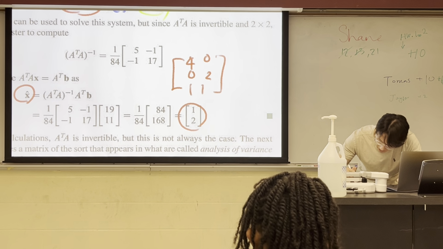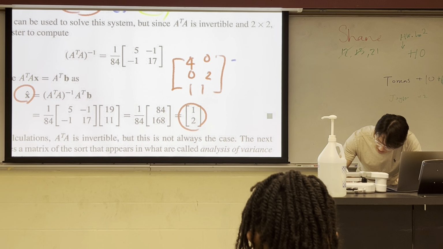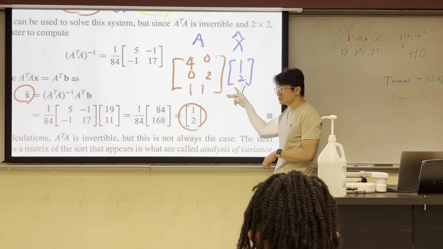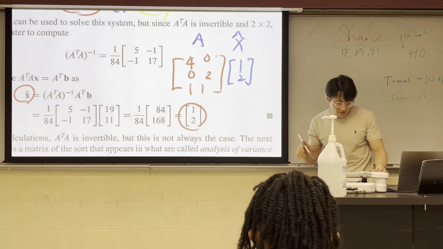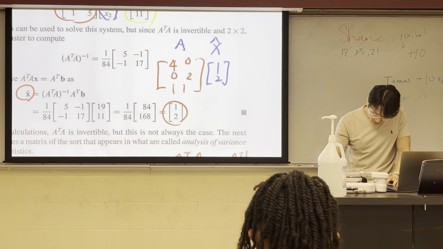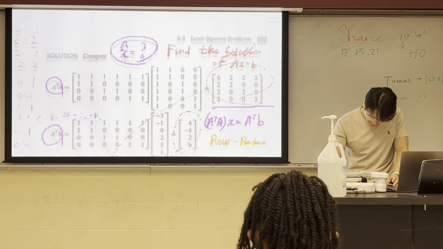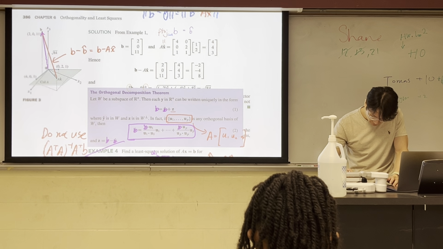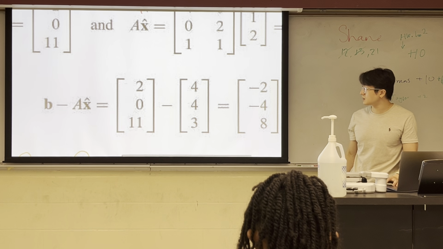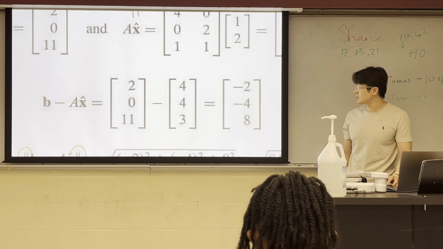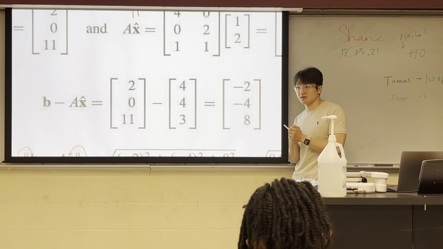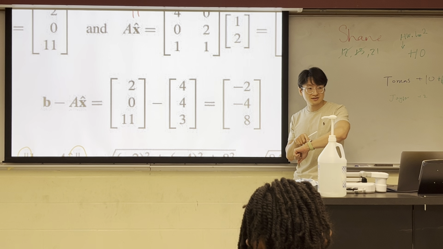You want to multiply A by x hat, which is 1, 2. So you compute this and get the result and find the difference between these two, b minus Ax, and find the length of this, and that will be the error. Okay? Does that make sense?